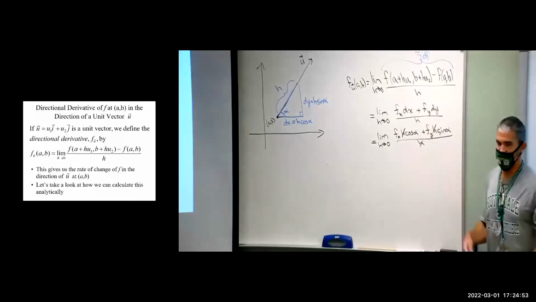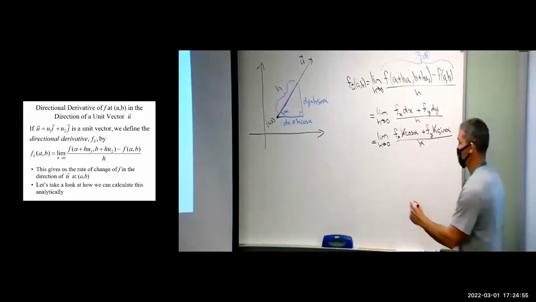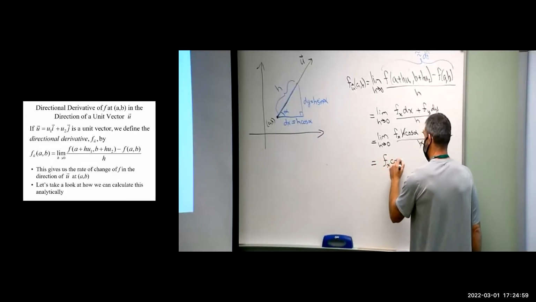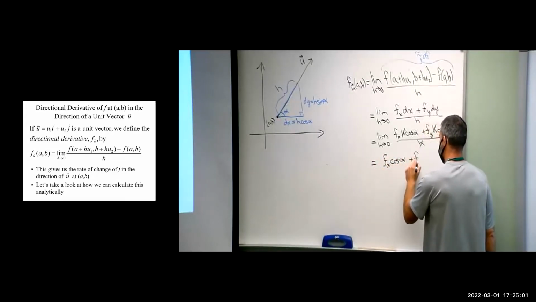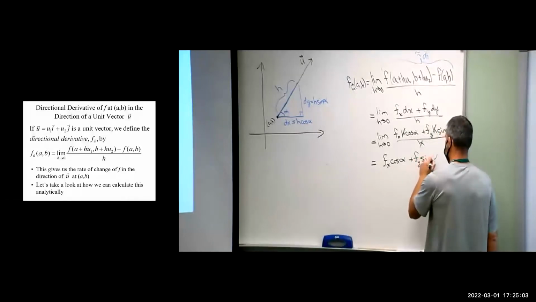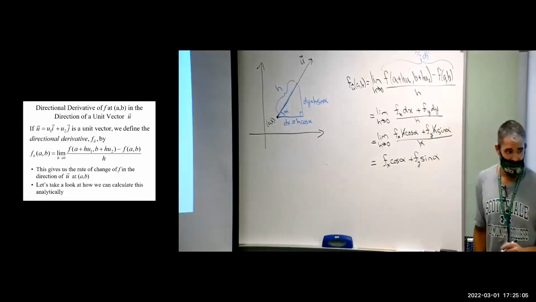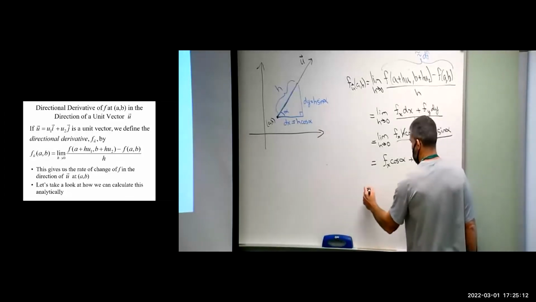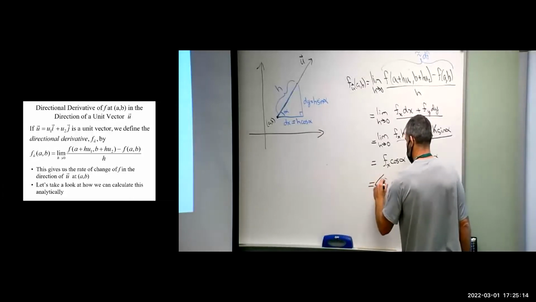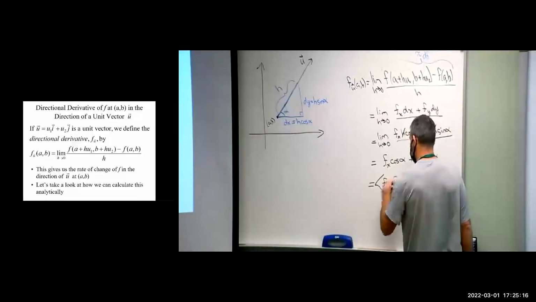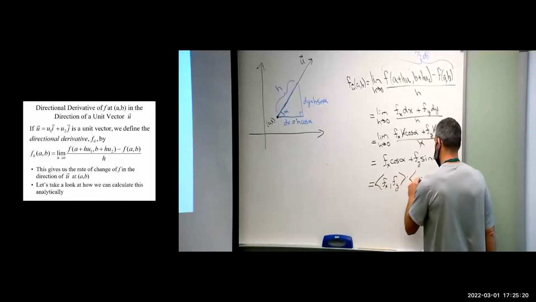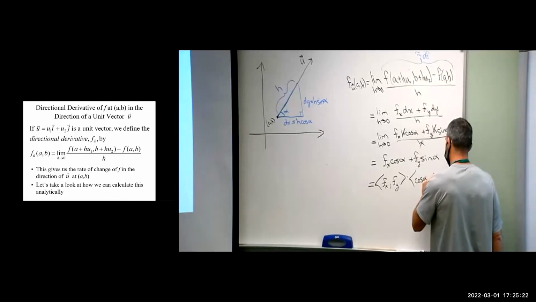And that is now our limit: f sub x cosine alpha plus f sub y sine alpha. This gets better. We can break this into the dot product of two vectors. Specifically, fx comma fy dotted with cosine alpha, sine alpha.